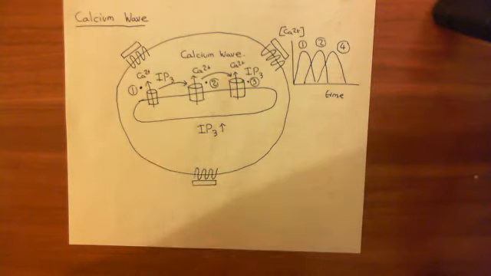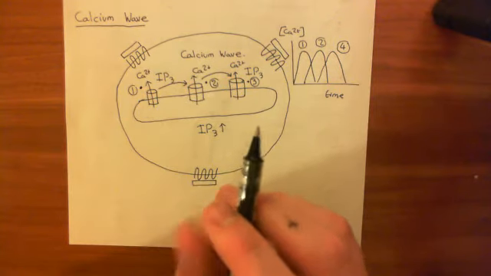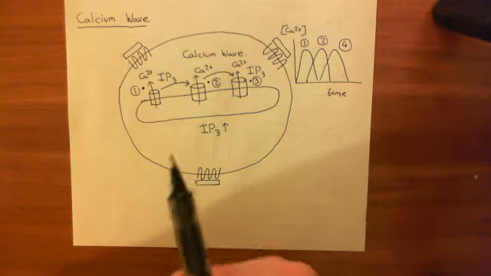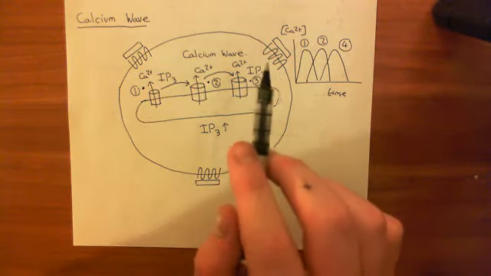And this is the bit that is not understood, basically. We understand how one calcium wave happens, but what is not understood is how the second one happens.